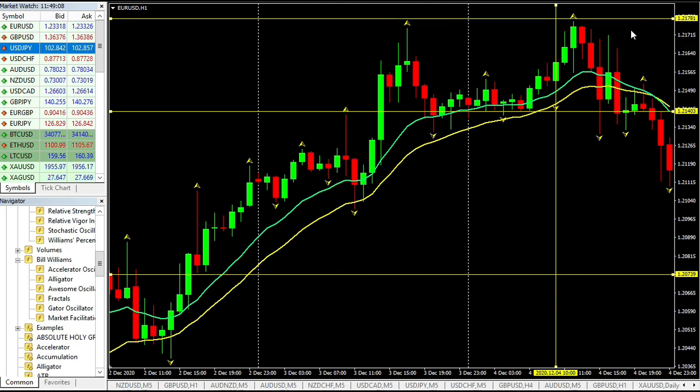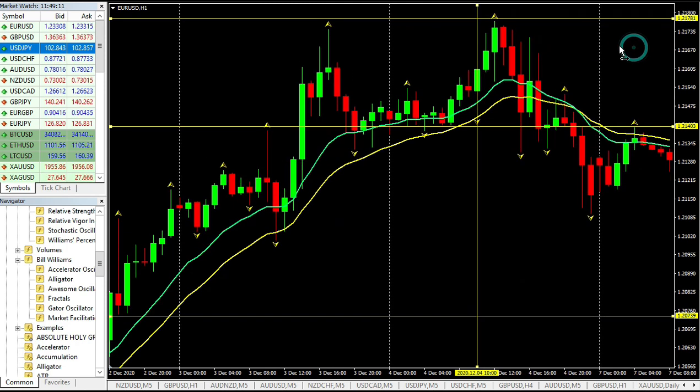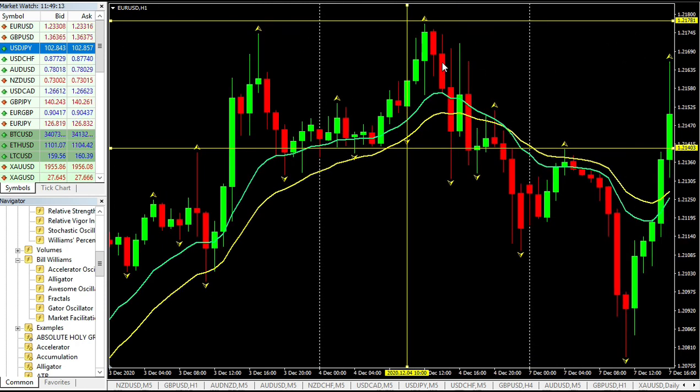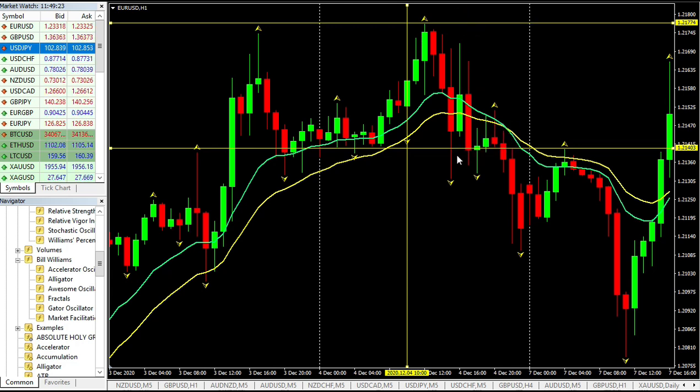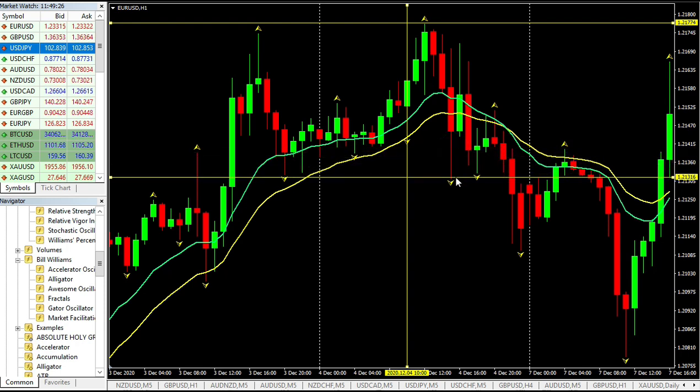This is where you will put your pending order, and then we get the candles going down below the moving averages, so we have to cancel that pending order, and go below, and then we see what is the low. The low is 1.2131, so you're going to put a pending sell order at 1.2130.